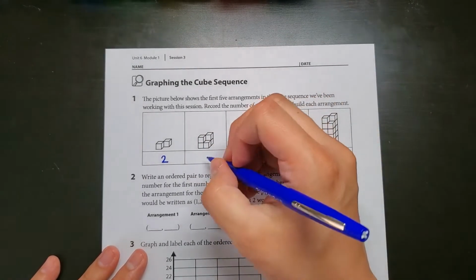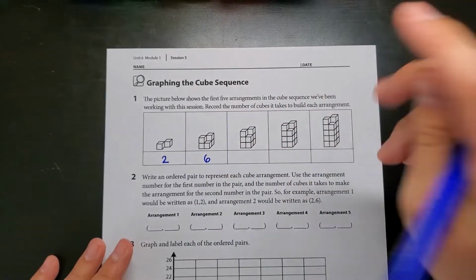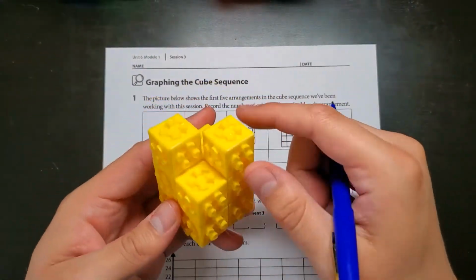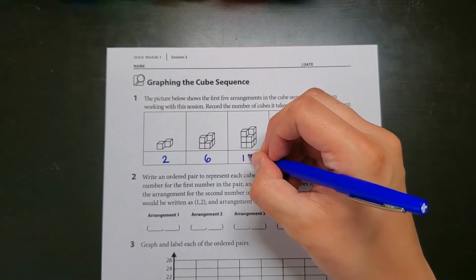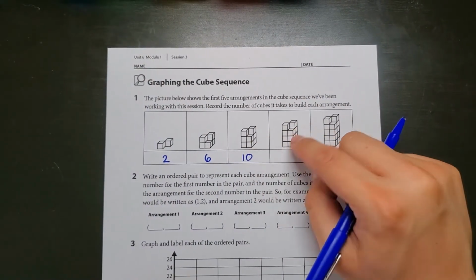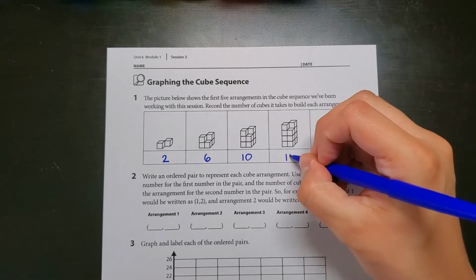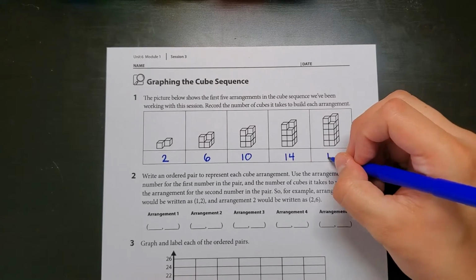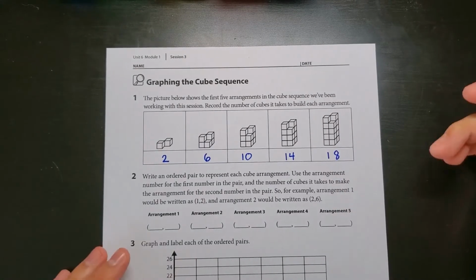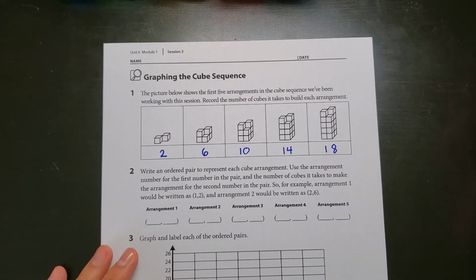So 2 plus 4 was 6. Then the next one, it was the 6 plus another 4. So that's 10. Then we had that same arrangement, but then we added 4 in the bottom, so that's 14. And then again, we added another 4 in the bottom to make 18. So interesting pattern there already.